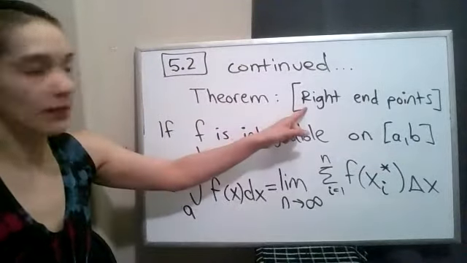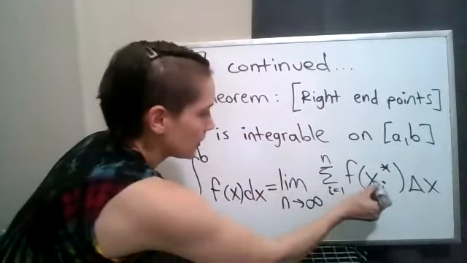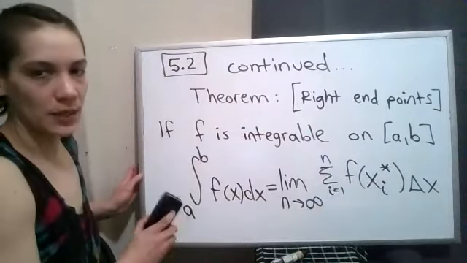And when you're doing right-hand endpoints, we can talk about what x sub i star is. Of course, delta x is (b minus a) over n.